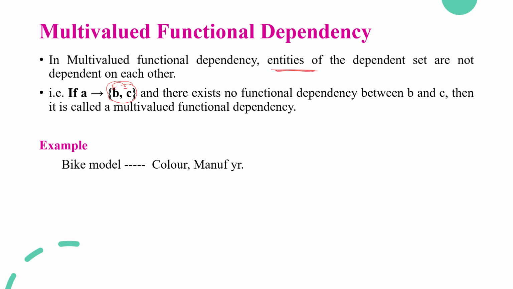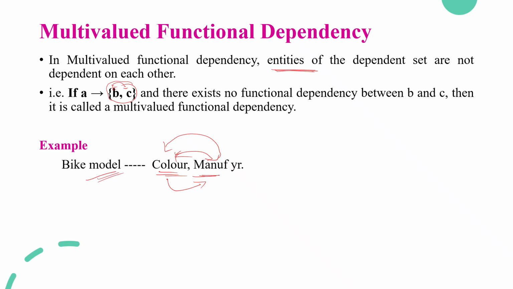For example, they have given bike model determines the color and manufacturing year. There should not be any functional dependency between these two. Here, the color does not depend upon the manufacturing year, and the manufacturing year does not depend upon the color. They are independent of each other. Only the color and the manufacturing year are linked to the bike model, right?